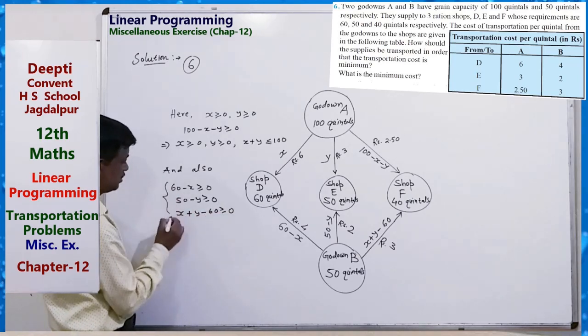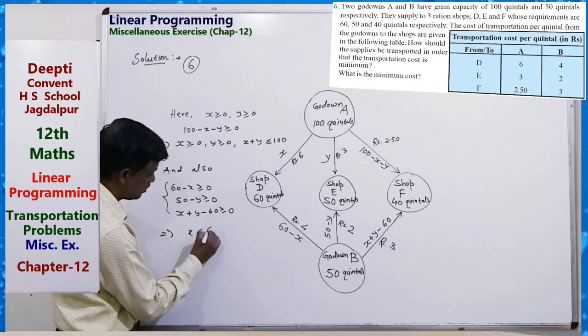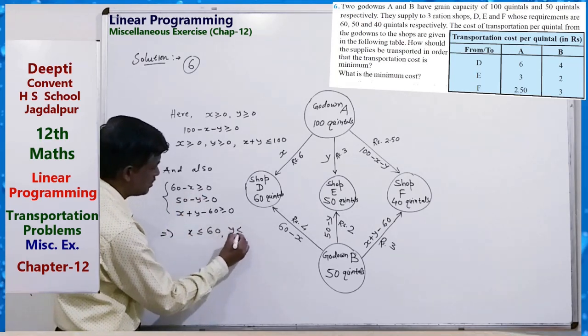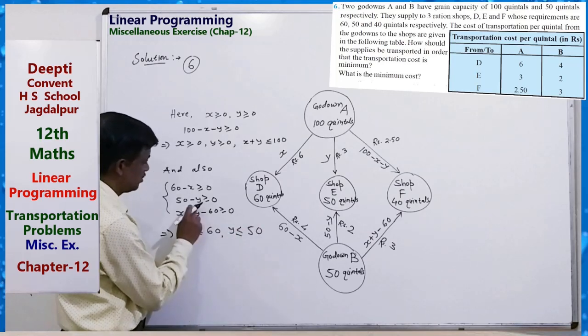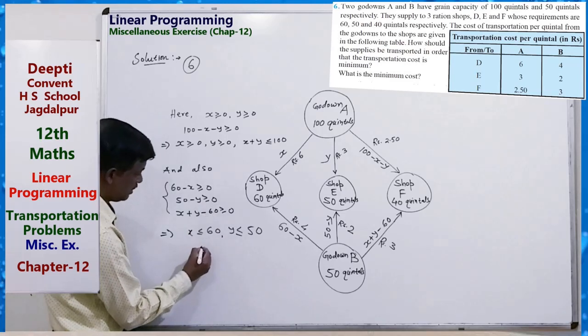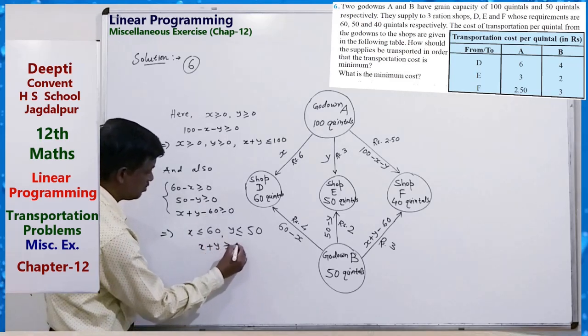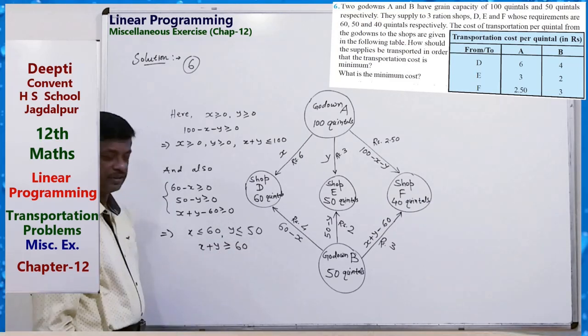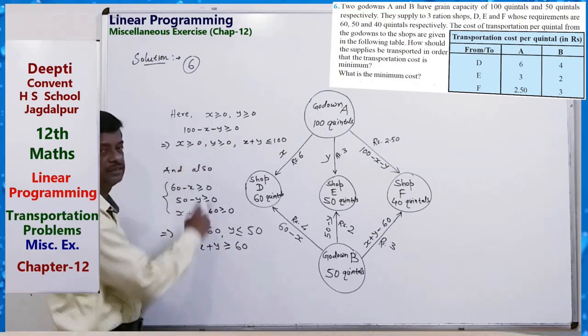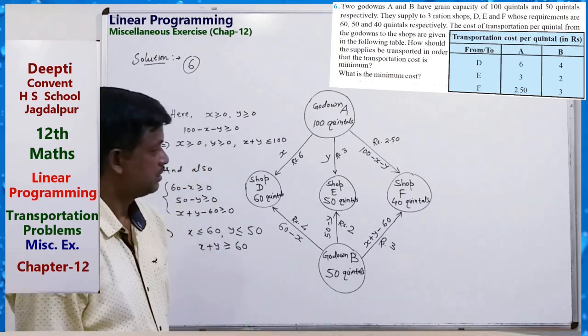So this gives X less than or equal to 60, Y less than or equal to 50, and X plus Y greater than or equal to 60. So these are the constraints.